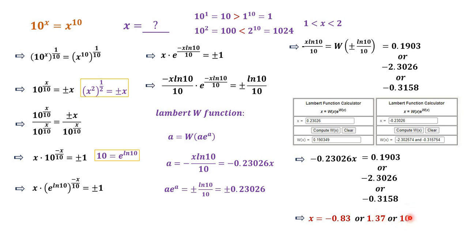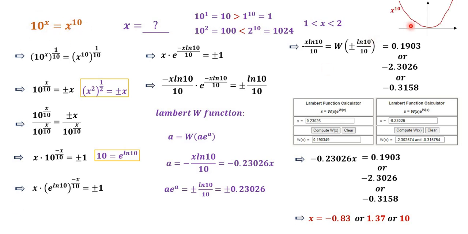The third is 10. So 10, we already found this solution. So obviously 10 works for the original equation, and there are two other solutions. One is positive 1.37. The other is negative 0.83.